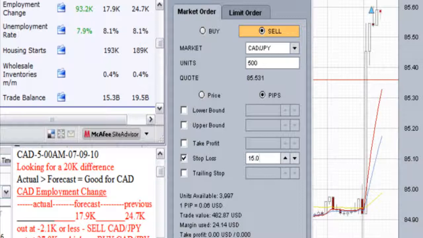I exited this trade in the 17th minute for a small win. I was in the trade for 15 minutes. As you will see in the chart, the market continued up for an additional 17 minutes, about 20 pips.